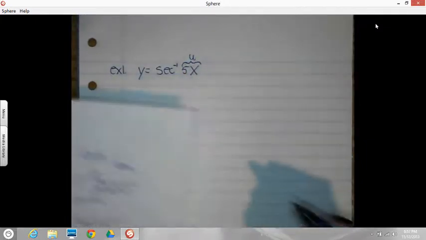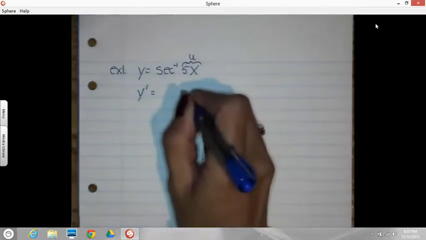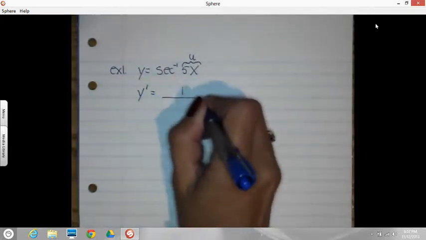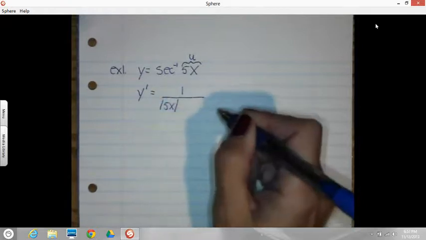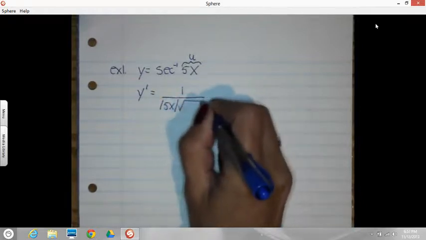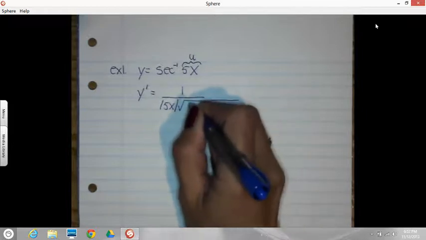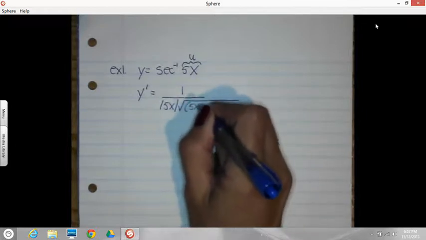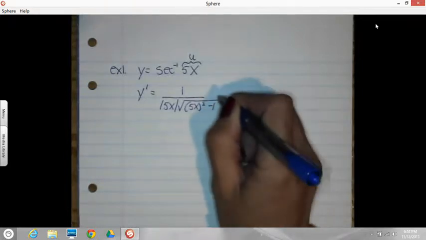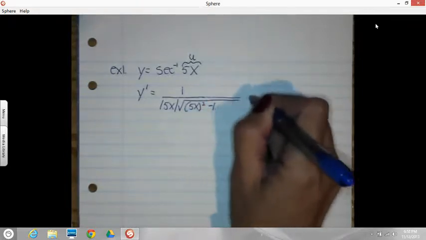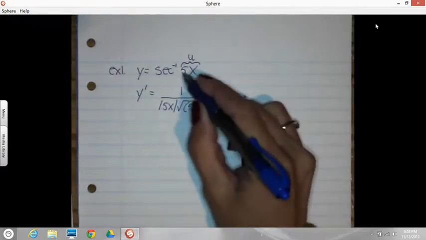So following that pattern, it is 1 over absolute value of u, which is absolute value of 5x, times the square root of u squared, that's 5x squared, minus 1, and then times the derivative of the u, which is 5.